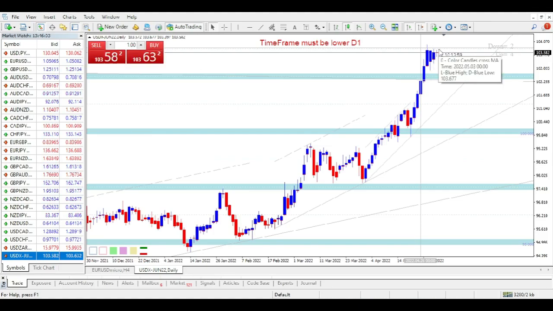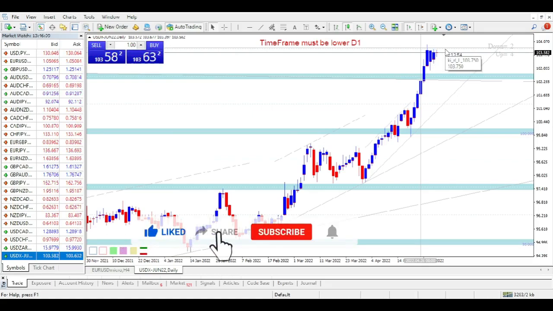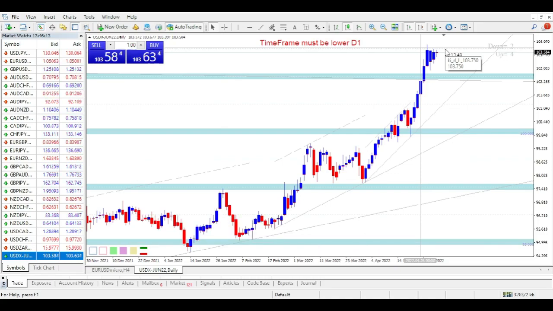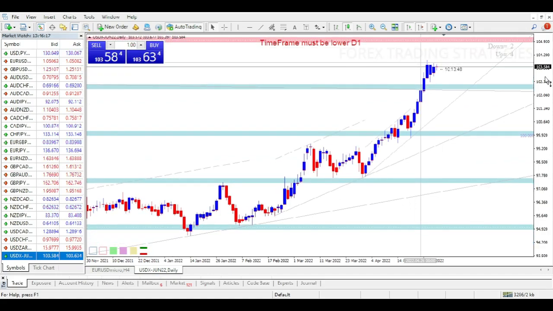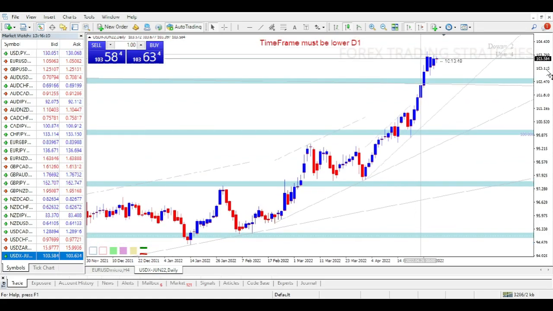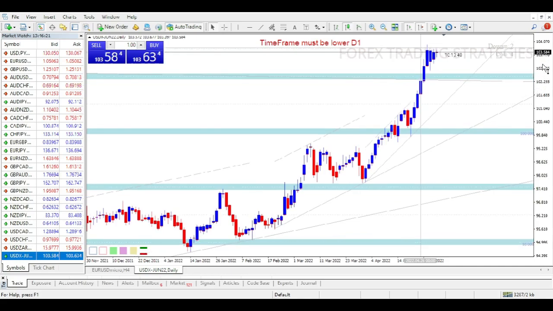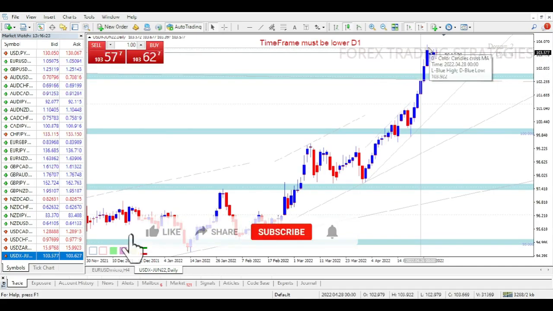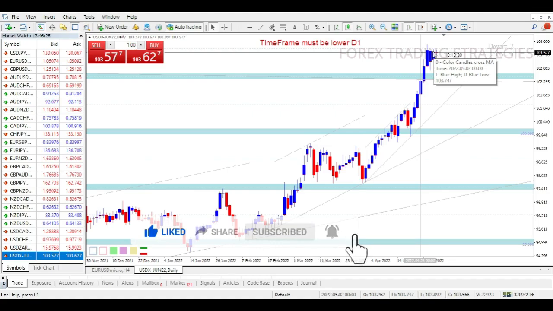So for 5 days we've just been dancing around this level, and obviously you already know what it means for pairs that have got the US dollar in them, that are trading against the dollar or with the dollar, whatever. But you already know what it means for those pairs because this is what's happening on the dollar index.